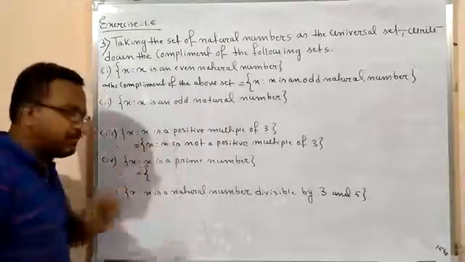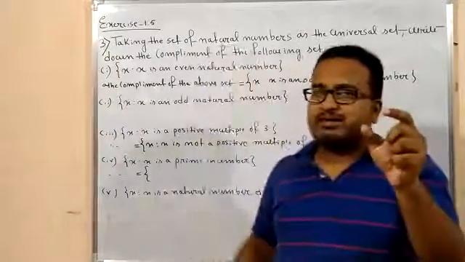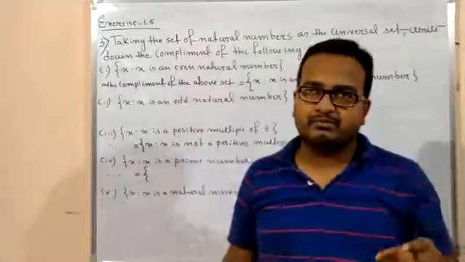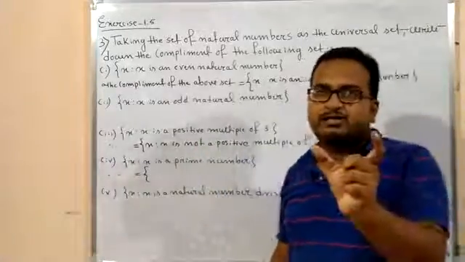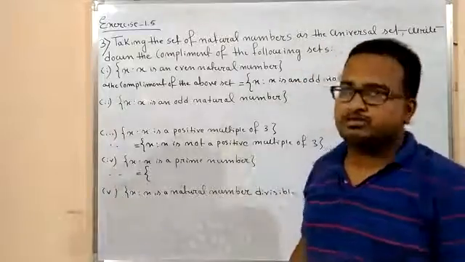Now this can be written like that. X such that X is a prime number. So what will be the complement of the set? We know prime numbers are the complement of composite numbers, isn't it? The set of prime numbers and the set of composite numbers are complements of each other. Okay.